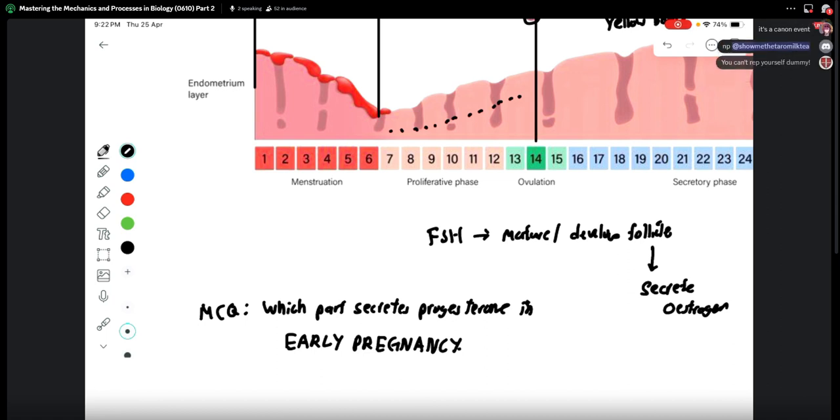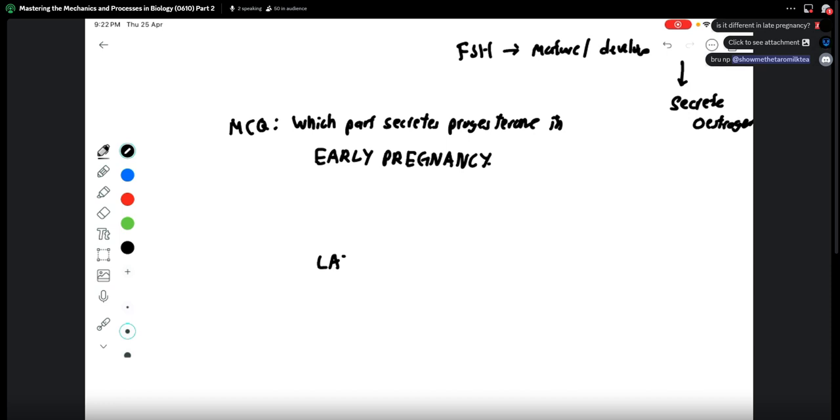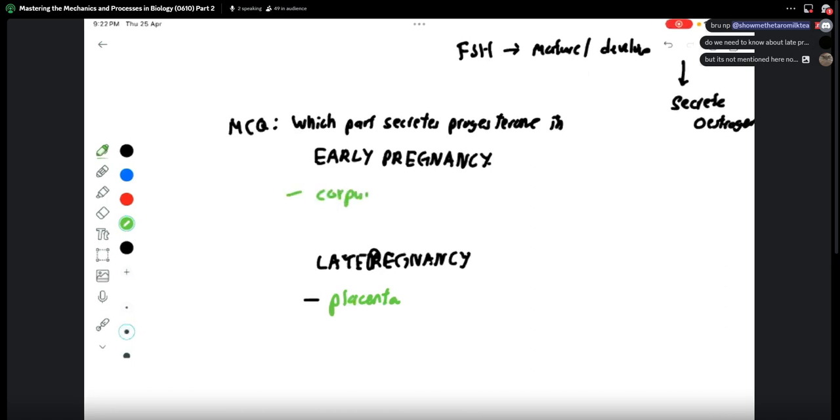The moment the egg is fertilized, pregnancy begins there. Okay? So when they say early pregnancy, it's by the corpus luteum. But when it says late pregnancy, it will be the placenta. Get it?